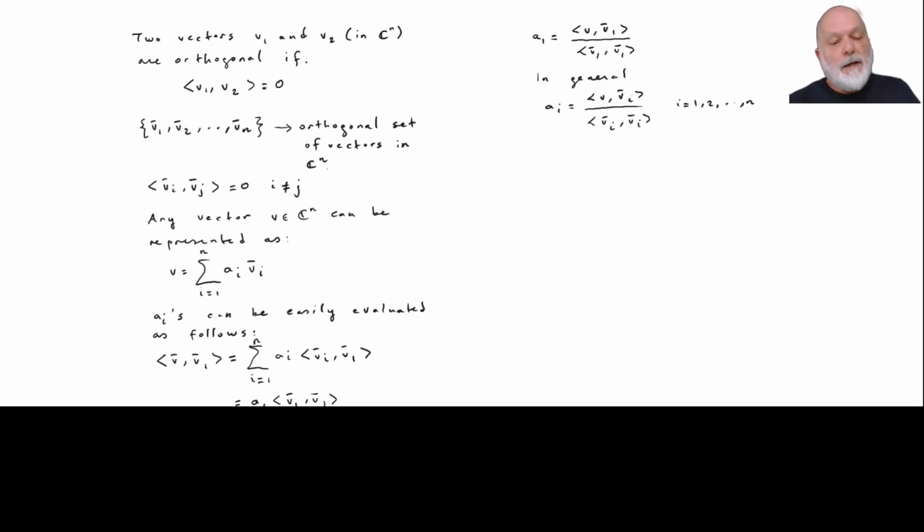Now, the concept of orthogonality, the concept of inner product, can be extended to function spaces as well. For vectors, what do we do? For instance, I write the vector v1 as alpha 1, alpha 2, etc., alpha n.